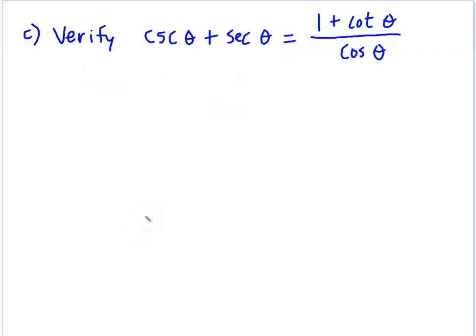This one, however, is not quite so much, but it's not too bad. Let's go ahead and we're going to transform both sides of this. So I'm going to think of cosecant in terms of 1 over sine, and secant as 1 over cosine.